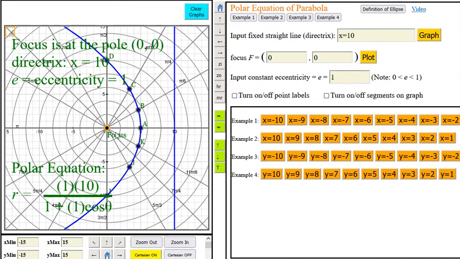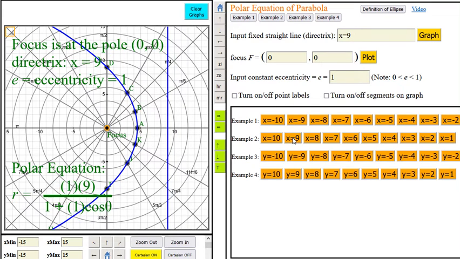For this parabola, again the focus has to be at the pole. Here we have the directrix x equal to 10, and that's what the 10 is in the equation. So the equation for this parabola is r equals 1 times 10, because the eccentricity is 1, divided by 1 plus 1 times cosine of theta.